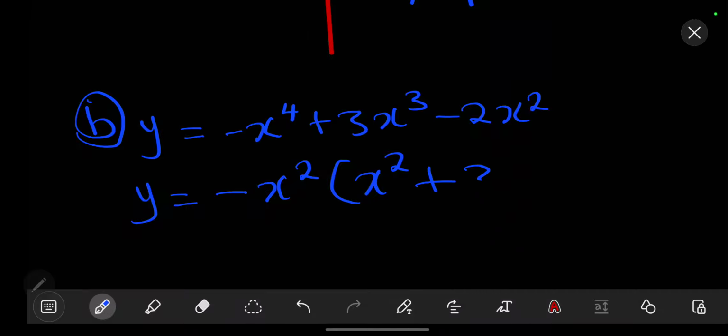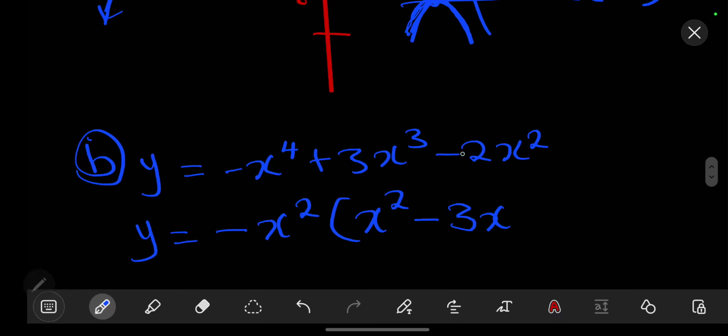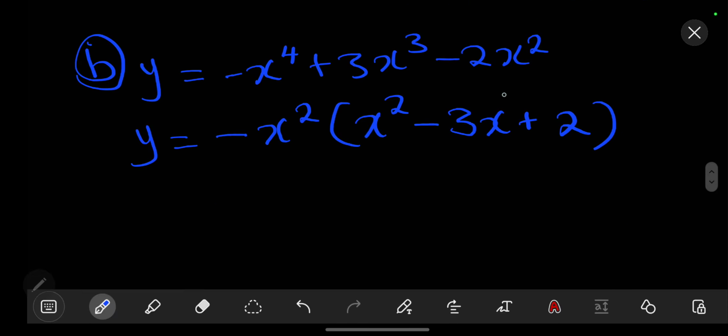Then we have plus our 3, minus, since this is negative, so it will change, minus our 3, the power is 3, so we are going to have x like that. Then our negative divided by negative, it will be positive our 2, so that means we have factorized that one. So let's factorize now our x squared minus our 3x plus our 2.